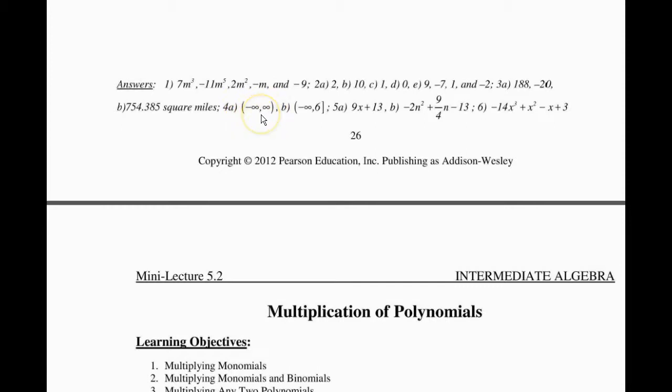This was the domain that we said, and then this was the range. Actually I guess this was the range as well. Here they're only asking for the range. So again, in A, the range, in B, the range.